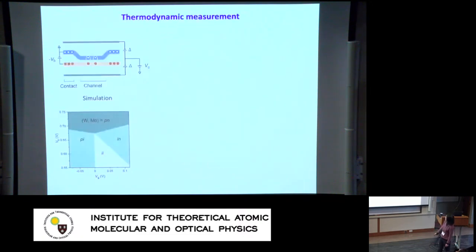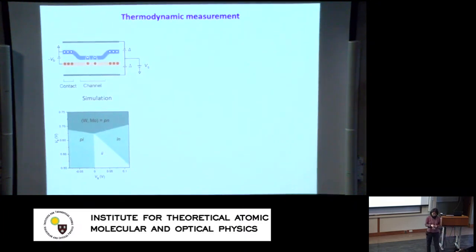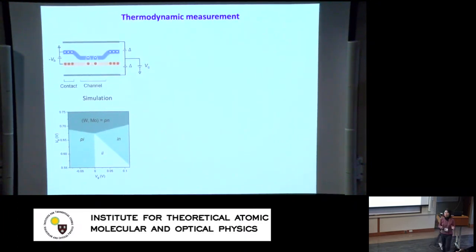So, okay, let me show you the result. Just to orient you a little bit, I first show you a simulation. What this simulation does, for fixed outer plane electrical field, I'm varying the bias and also the gate voltage. And without taking electron hole binding into account, we can divide the phase space into 4 different regions.